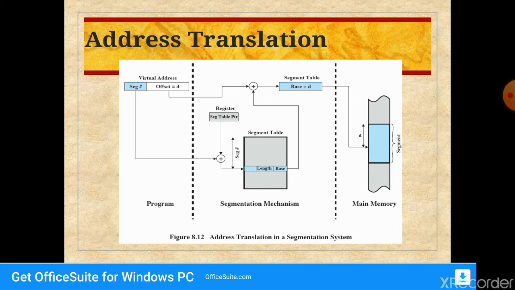By using the base address of the segment and combining the offset of the virtual address, we get the actual physical address of the instruction to be located.